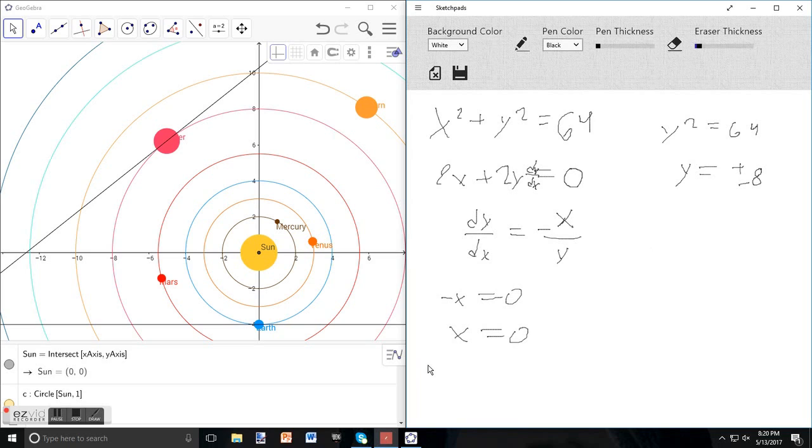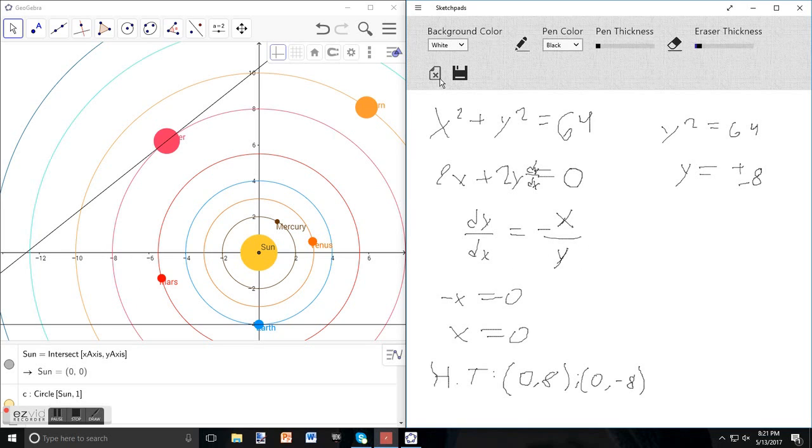The horizontal tangents are at 0 and 8, and 0 and negative 8. This is apparent because at this point the tangent will be horizontal. It'll get a little redundant, but you can do the same thing for the vertical tangent, setting the denominator y to 0.